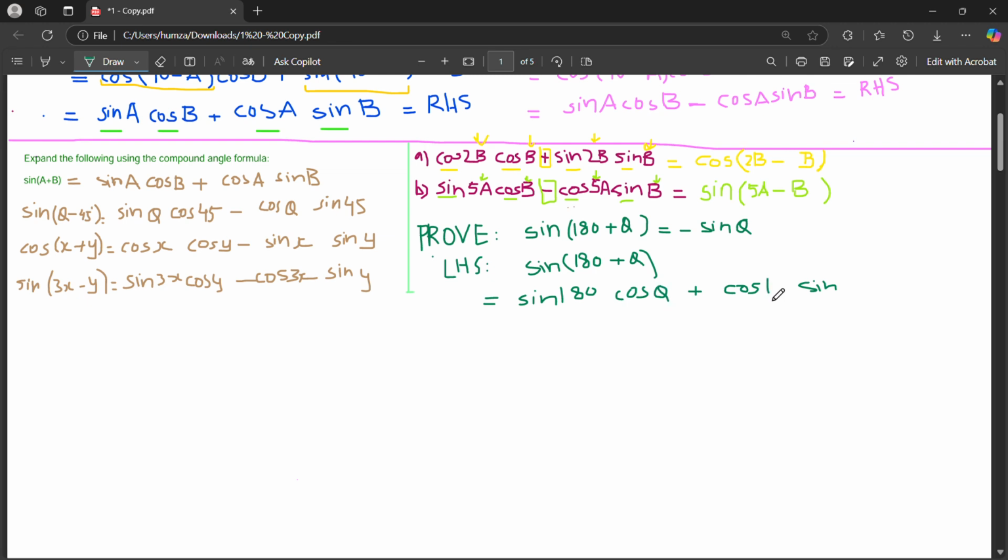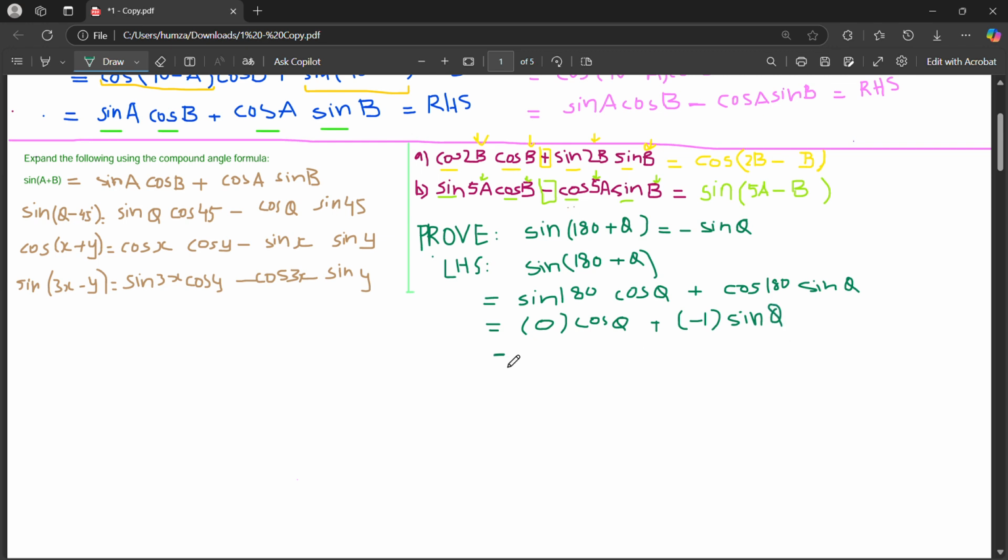So sin 180 degrees cos theta, and then cos 180 degrees sin theta. Now this is the expanded form. Now sin 180 degrees is equal to 0. Use the calculator to find the value, and then we times it with cos theta, plus cos 180 degrees is -1, and there is your sin theta.